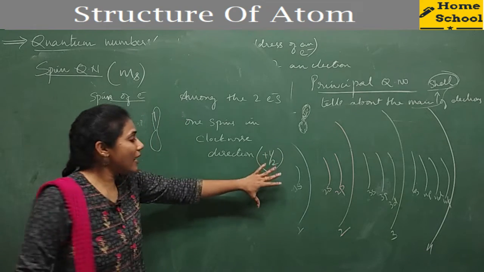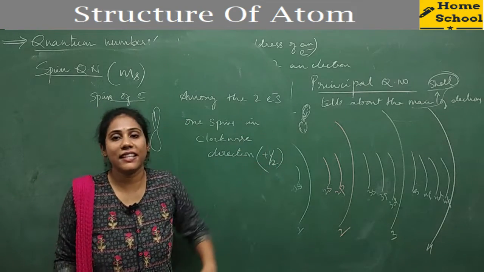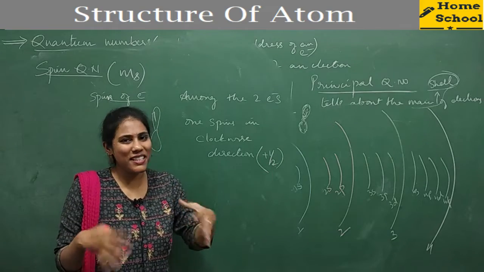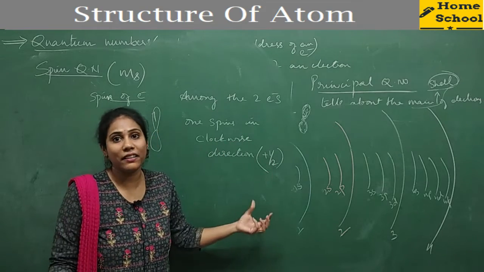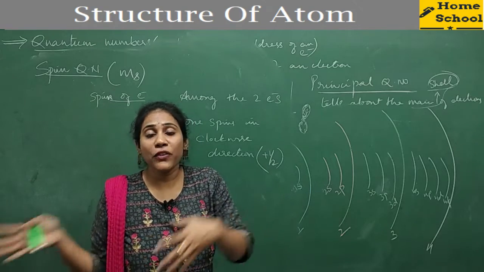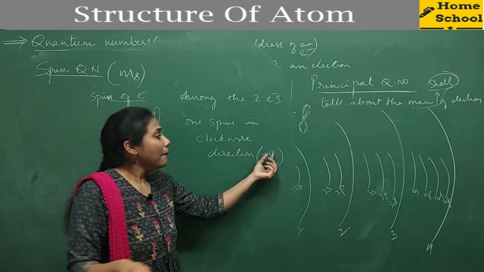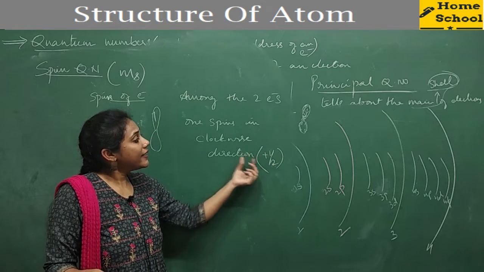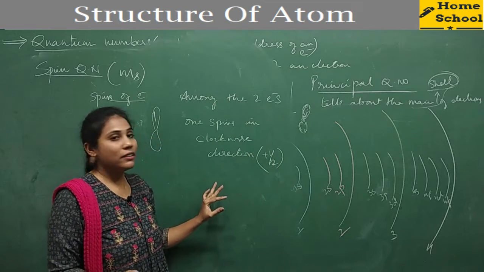What do you mean by plus half? That it is spinning in a clockwise direction. Half is just a number indicated for the spin, like 0 is for subshell s, right? 1 is for subshell p, like that. Plus half in the sense it is clockwise spinning. Clear?